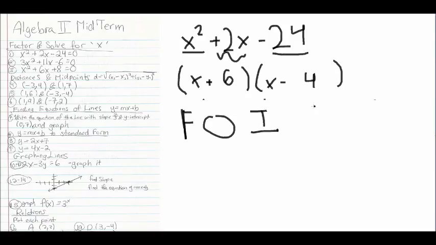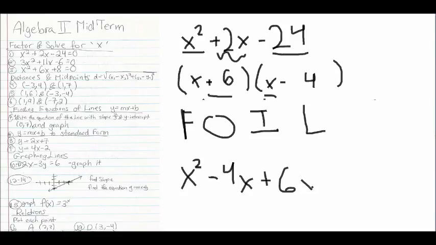FOIL stands for first, outer, inner, last. I went over this many times, but first would be x times x, which is x squared. Next is outer, which is x times negative 4, which is negative 4x.